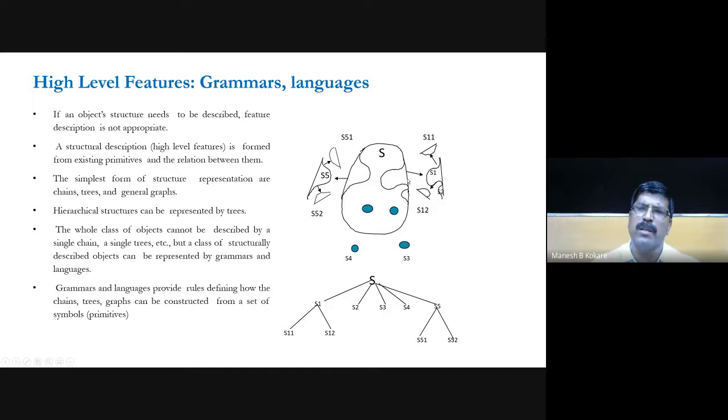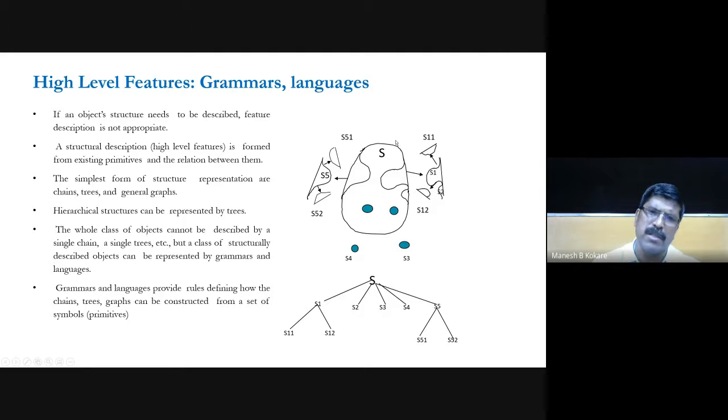Again, S1 also has some symbols like S11 and S12 and so on. And then S5 also has some symbols like this. This symbol is represented as S5U1, and this is represented as S5U2.